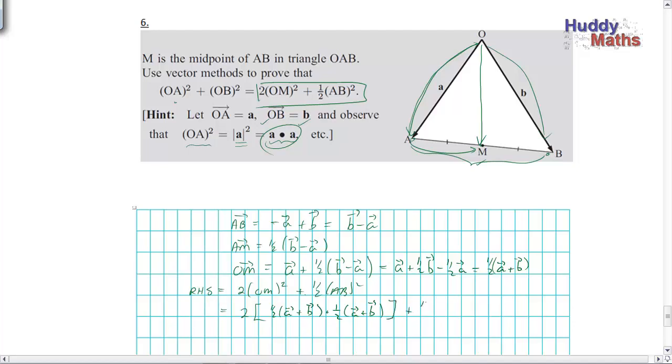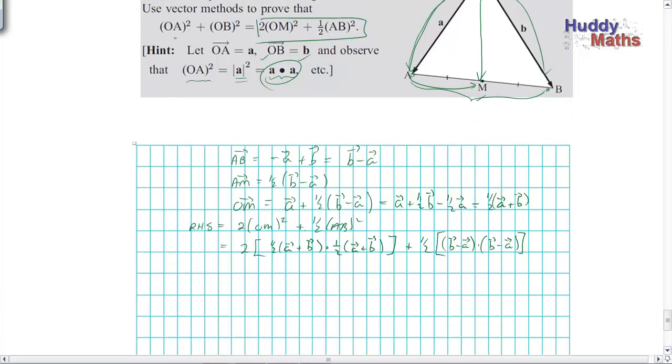Now we need a half AB squared, which is AB dotted with itself. Boy, what a mess. They told us to use the dot product to get the square of the length. So let's do that.